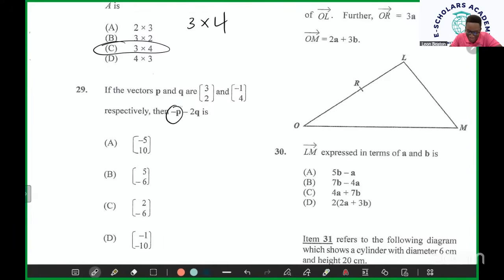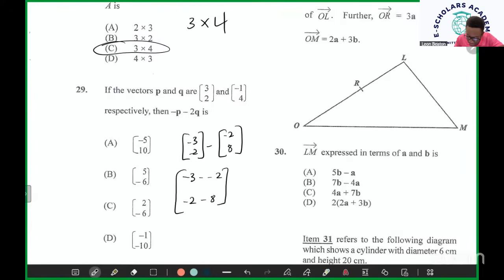So negative P would just be the negative of all this. So this would be -3, -2, minus, and then we multiply 2 by Q. So 2 by -1 is -2. 2 by 4 is 8. So now we'll have -3 minus -2, and -2 minus 8.